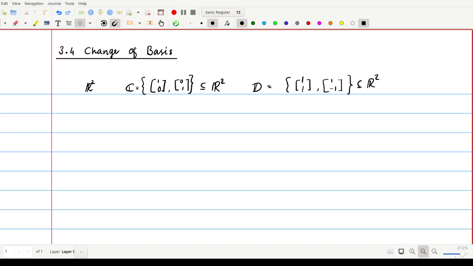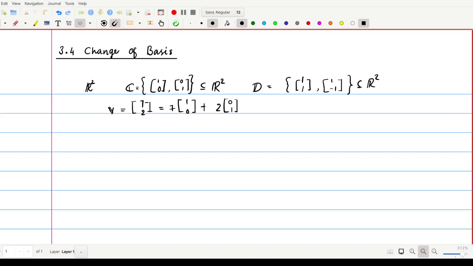We know that if we have a vector, say V, then this V can be written as a linear combination of the basis elements of C as well as the basis elements of D. So when you write this V, say we call this V as (7, 2), then this (7, 2) can be written as 7 times (1, 0) plus 2 times (0, 1).